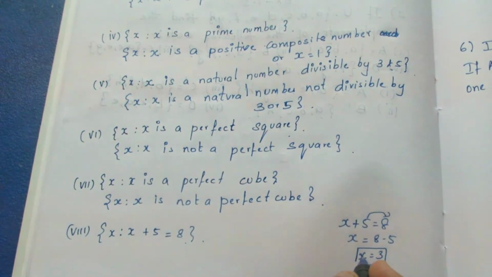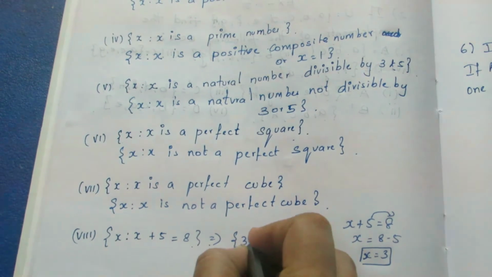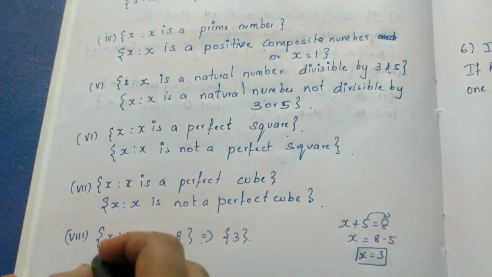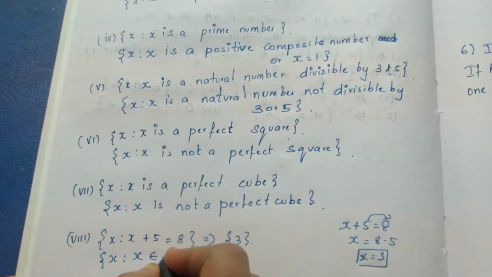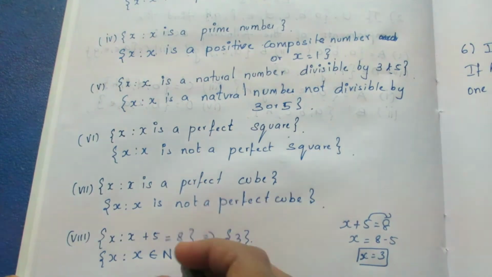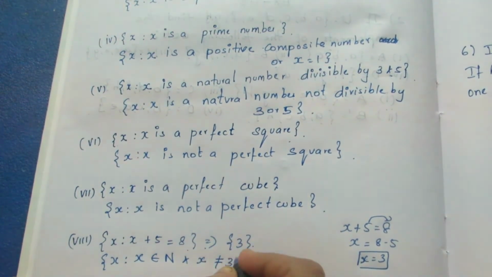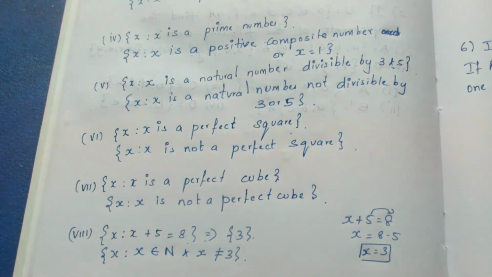So the set here is 3. Leaving the number 3, we need to write the remaining elements of natural numbers. So we can write it this way: x such that x belongs to natural numbers and x is not equal to 3, because leaving this number we need to write the rest of the natural numbers.